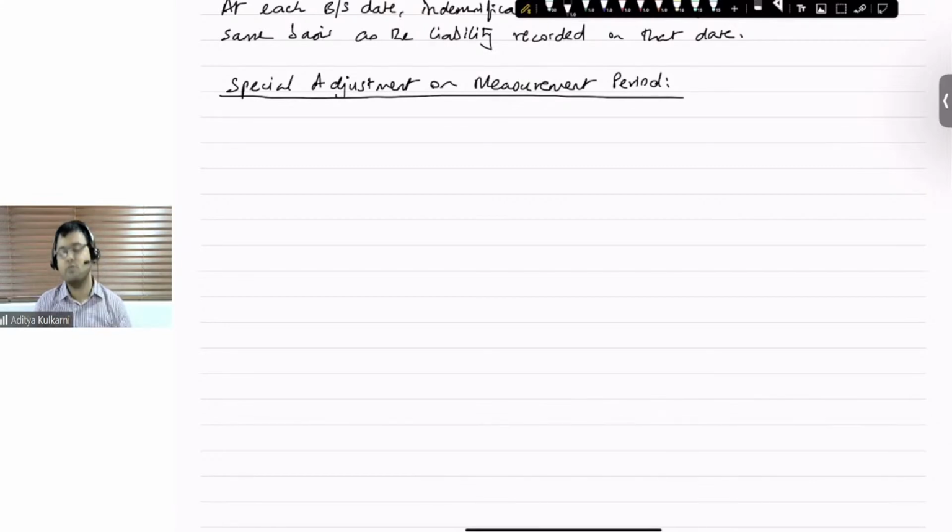The first one is what we have studied today, that is measurement period concept. The second change that we will have on account of goodwill is impairment of goodwill. Apart from these 2 things, even if an earthquake comes, a flood comes, or anything happens to your accountant, whatever happens in the company, the goodwill figure is never going to change.